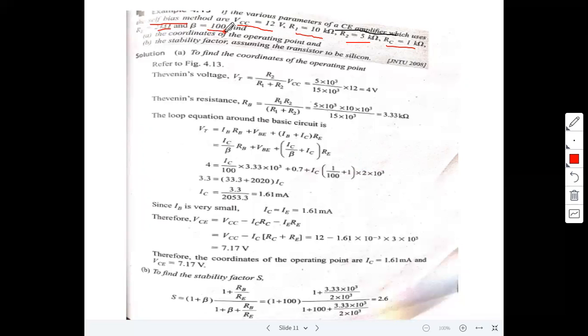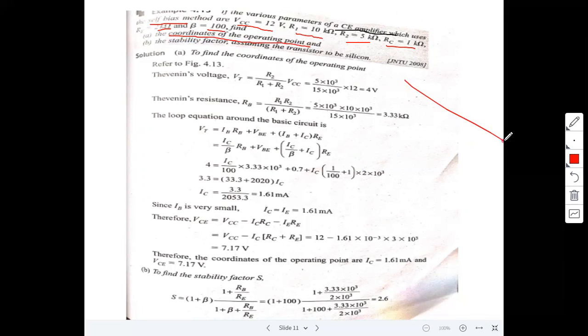These are the given parameters. Determine the coordinates of the operating point.